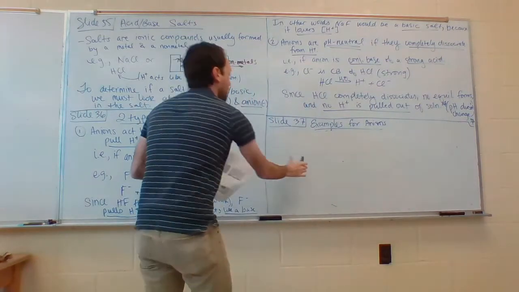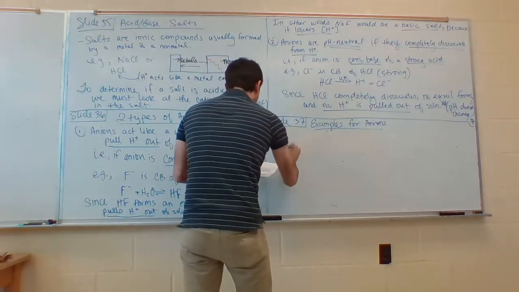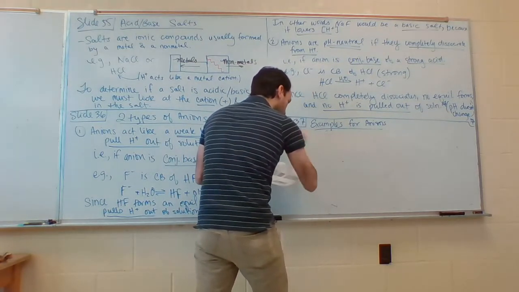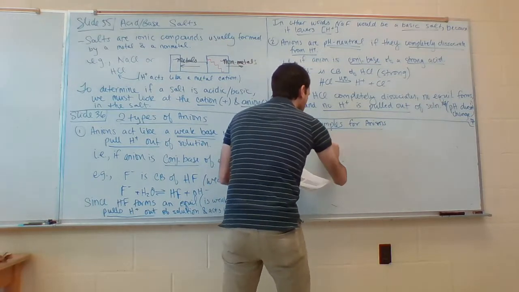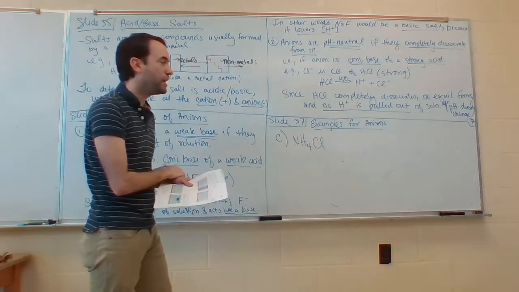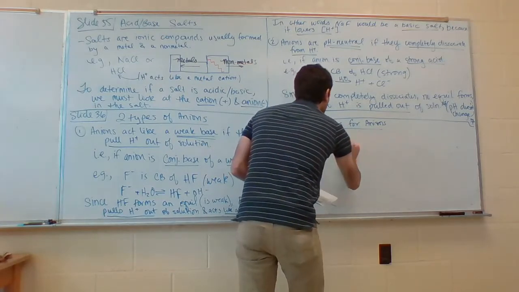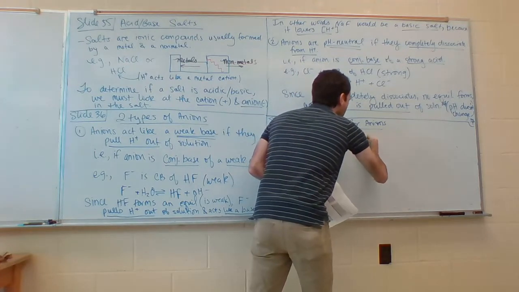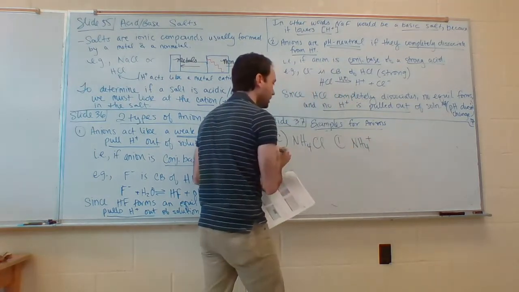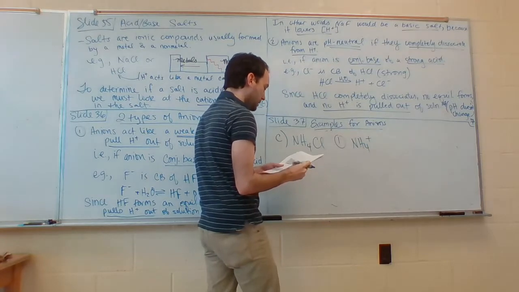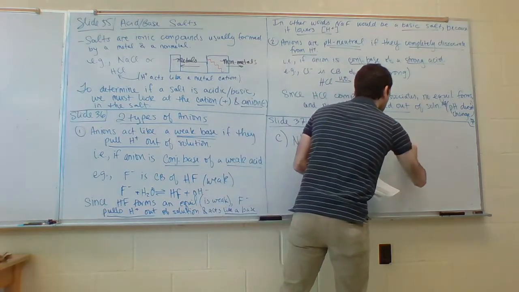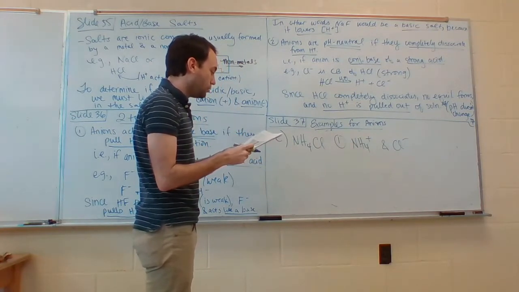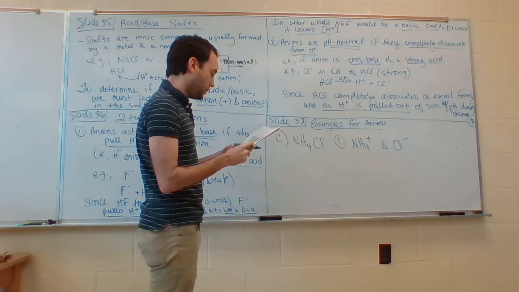So example C would be, let's say that we have NH4Cl, so ammonium chloride. Our very first step is going to be to separate into ions. So we have our ammonium ion, which is NH4 plus, and we have our Cl minus.